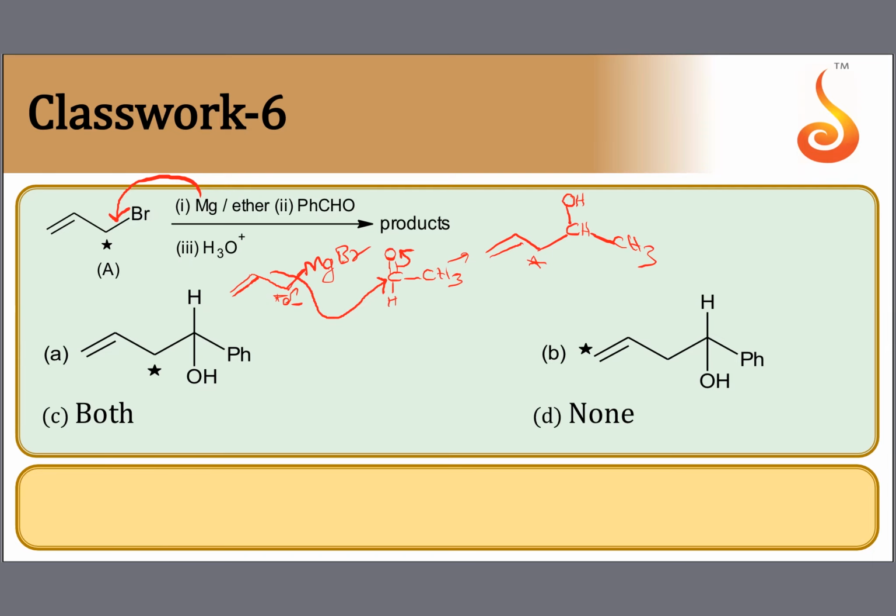This allylic group may undergo rearrangement. C double bond C, this is the starred allylic carbon, attached to Br. This bond is highly polar covalent.